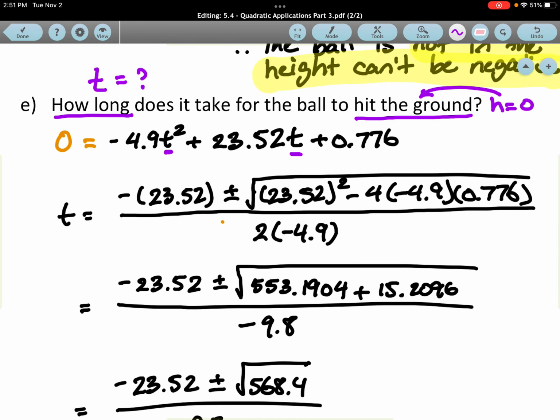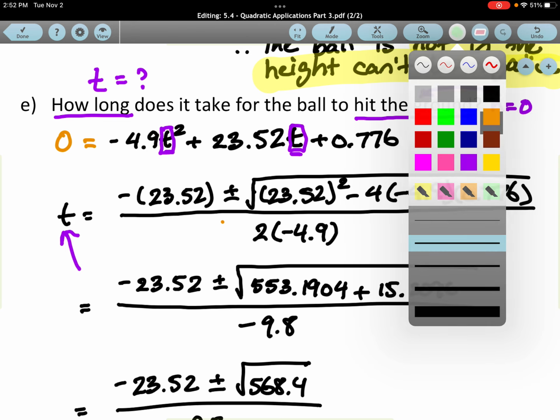Now, if we're solving for t's and you have a t squared and you have a t and everything is in a trinomial, you can either A, factor, or since there are so many decimals, I think the best thing to do is to use the quadratic formula. Okay, so putting everything into the quadratic formula, remember to change the x into a t because we're dealing with t's now and you're trying to find the times.